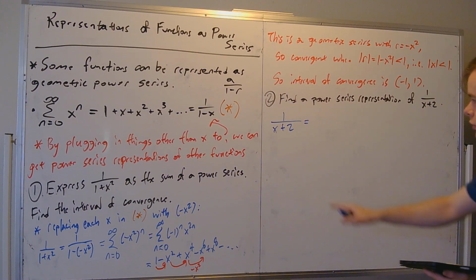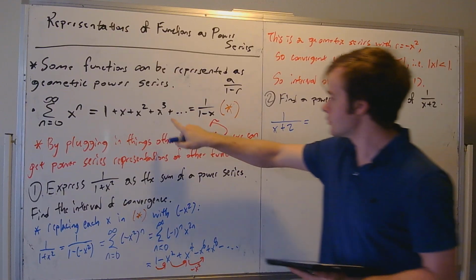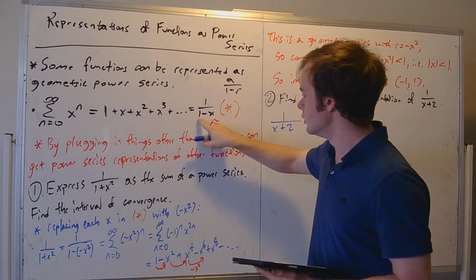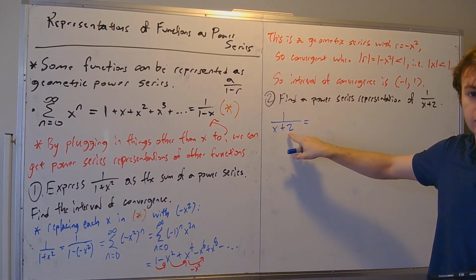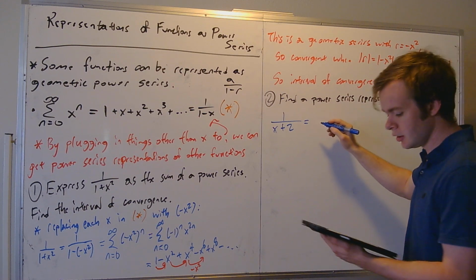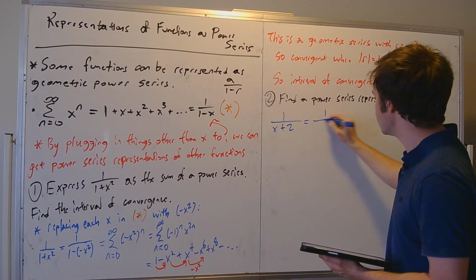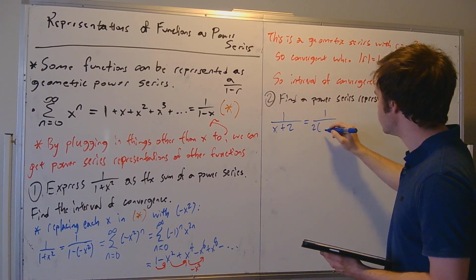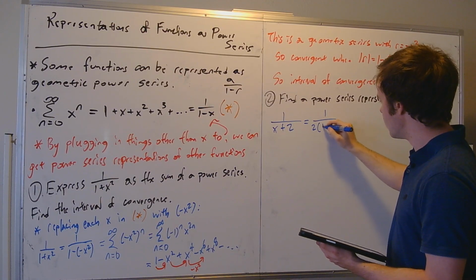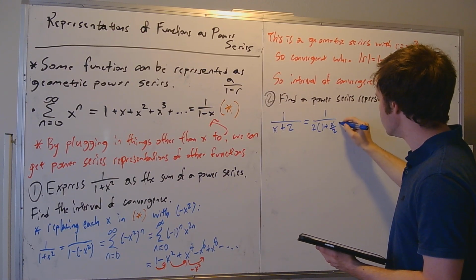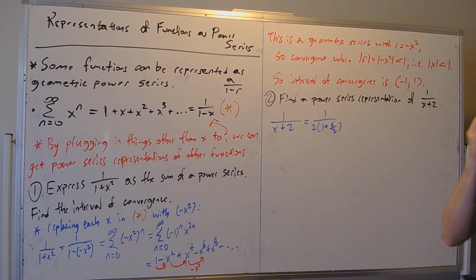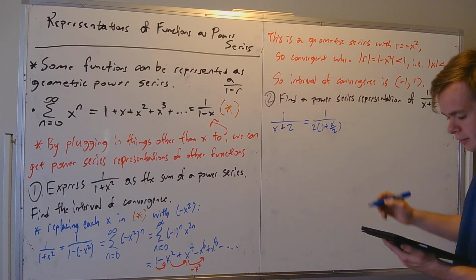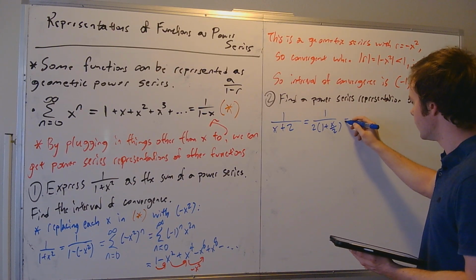Well, notice here, in this formula, we've got a 1 here, but now we have a 2 there. So I want to change that 2 into a 1. So the way I'm going to do that is rewrite this as 1 over 2 times 1 plus x over 2. Okay, so I'm going to go ahead and do that step, because now this allows us to take out this factor of 1/2.